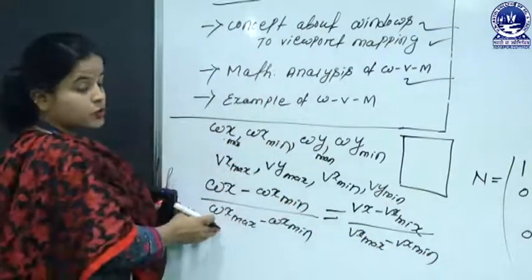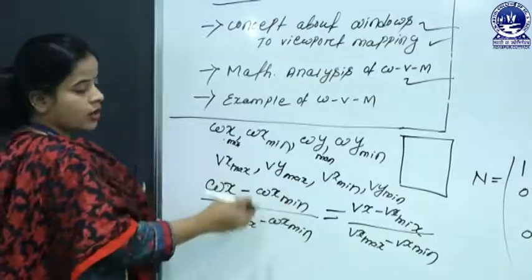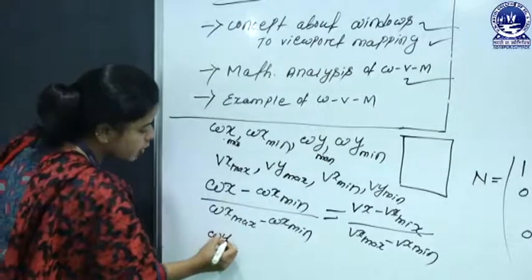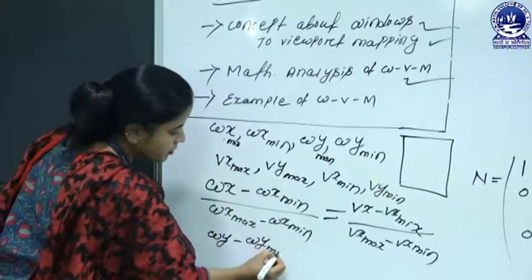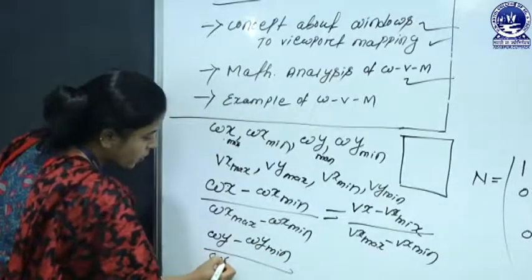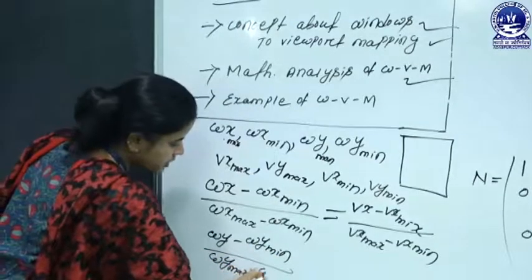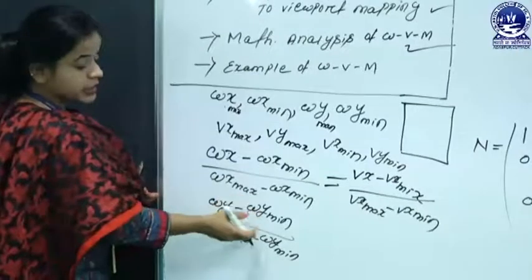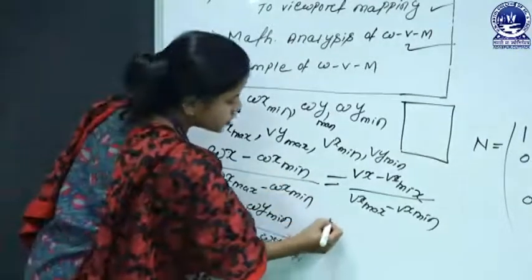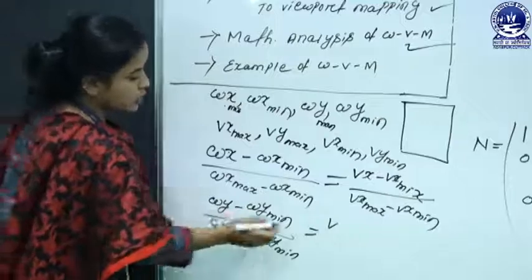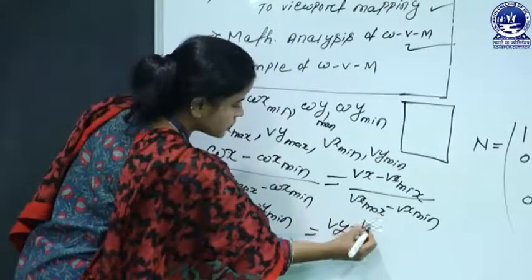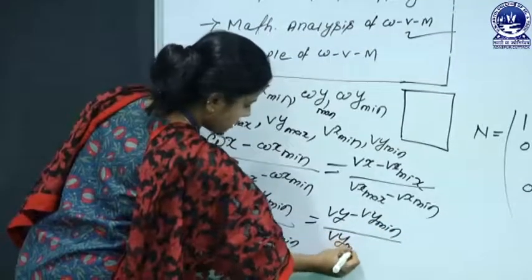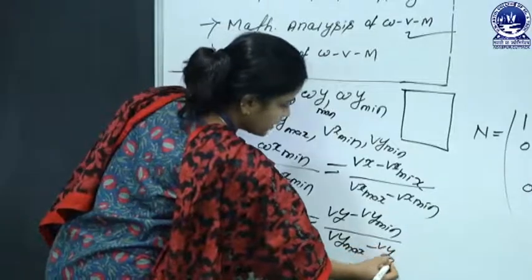That's the x coordinate mapping from the window coordinate system to the viewport. Similarly, the y coordinate is calculated as Wy minus Wy minimum divided by Wy maximum minus Wy minimum, which is related to the viewport y coordinate, that is Vy minus Vy minimum divided by Vy maximum minus Vy minimum.